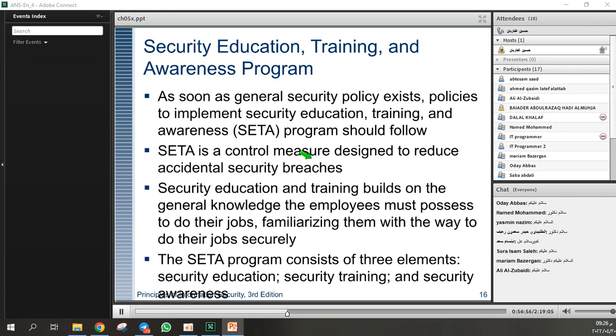Why? Because based on that education and those awareness programs, I can build some general knowledge about it in my employees. Okay, what is your job? What is your responsibility? And if you act against this responsibility, what will happen?